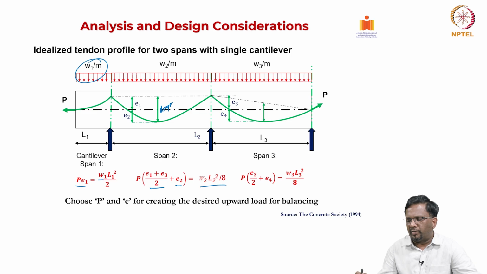For the third span, the drape is going to be E3 by 2 plus E4, and P into E should be equal to W3 into L3 square by 8. Now, P and E are for us to decide. So, from all these you get your P, and depending upon how much you want to balance in each span, you select a higher value of P, so that in all the spans you will at least be able to balance the desired amount of your dead load.